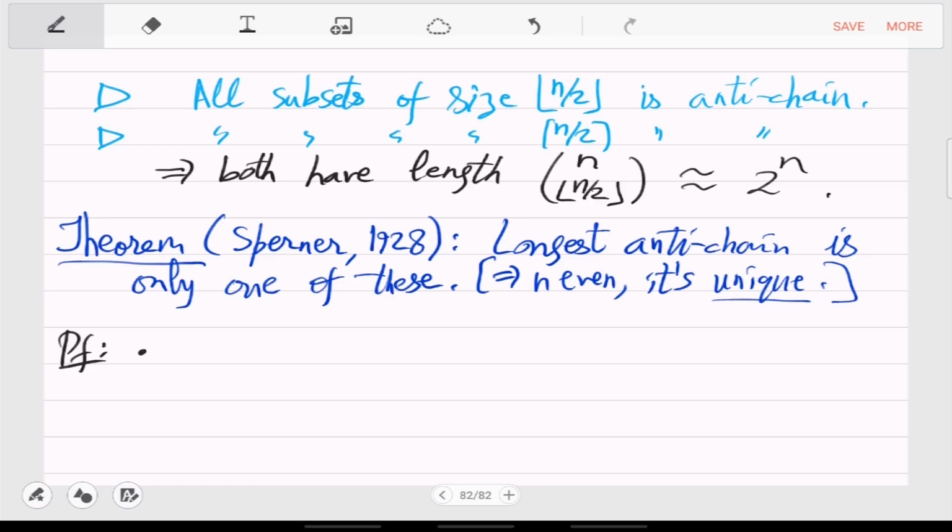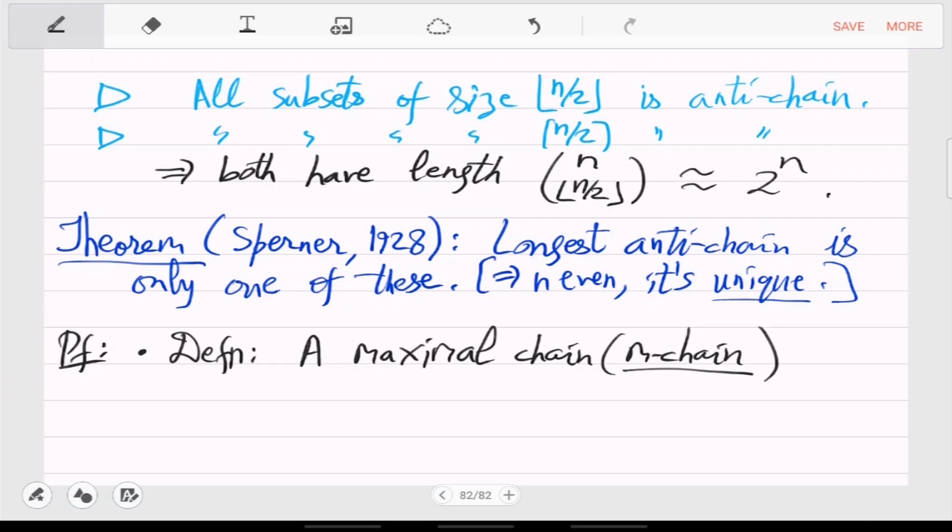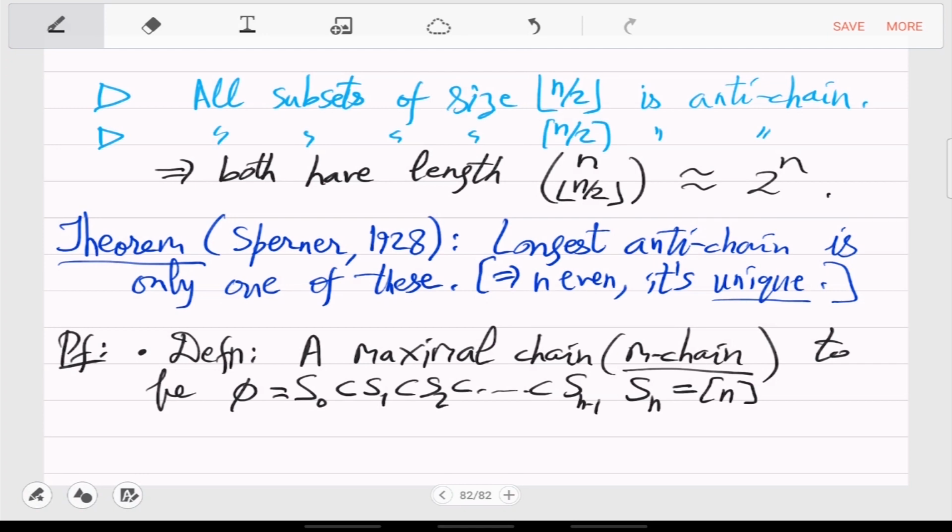So define a maximal chain, we'll call it M chain, to be one that starts from the empty set, goes to the end, and in the middle you have many options. The sizes are respectively 0, 1, 2, up to n minus 1, n.